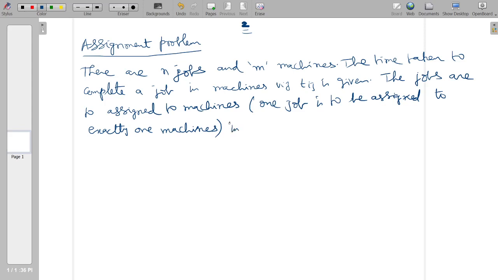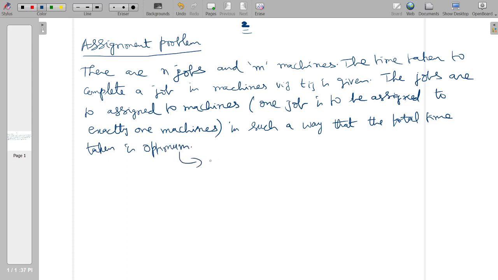Okay, in such a way that the total time taken is optimum. When I say it is optimum, it can be either minimum or maximum.